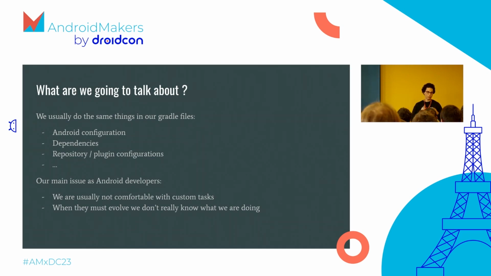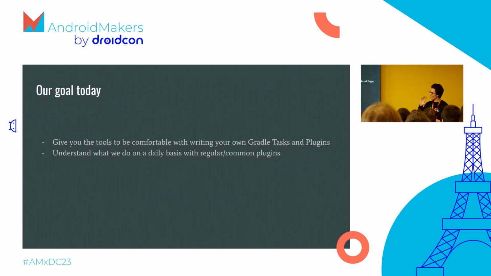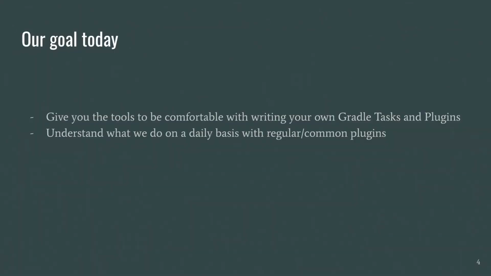When they are all set, it's fine, but whenever they must evolve, it's definitely another story, and very painful. That's why our goal today is to give you the tools to finally be comfortable when you have to write a custom task, maybe a custom plugin, and most importantly, understand what you do on a daily basis when you use plugins, such as, for example, Android app, which is absolutely a plugin.